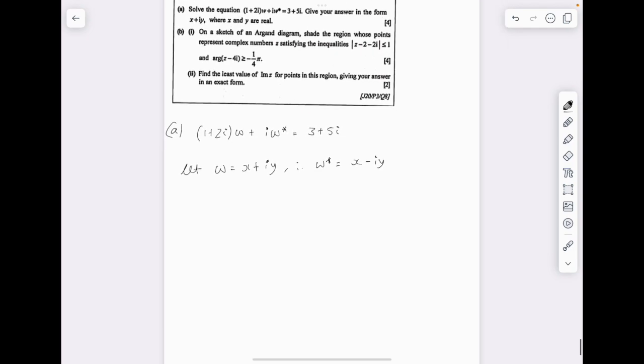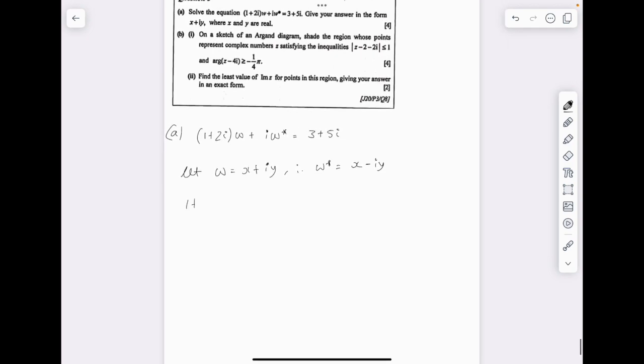So effectively what we've got is the equation that says the following: (1 + 2i) times (x + iy), plus i times (x - iy), is equal to 3 + 5i.